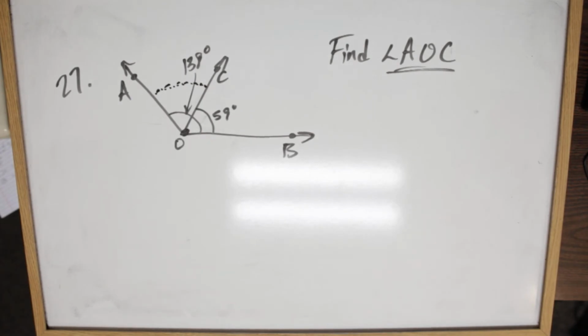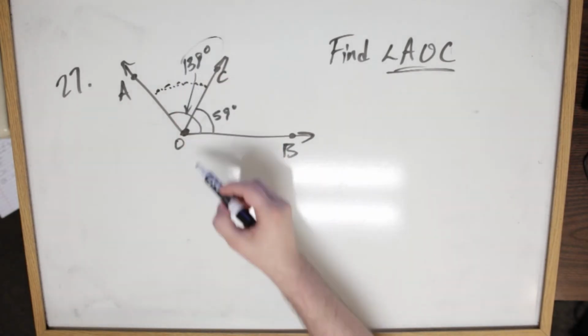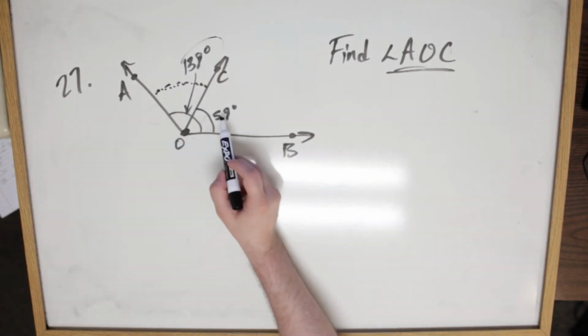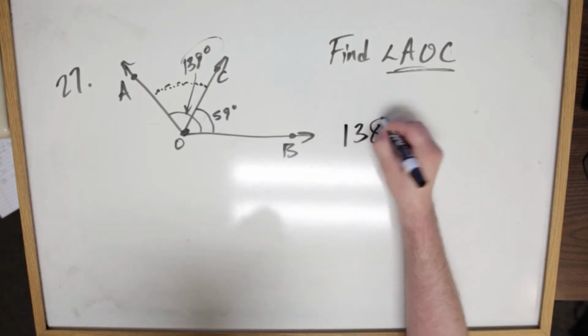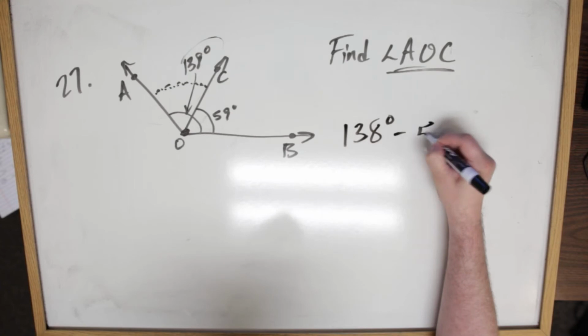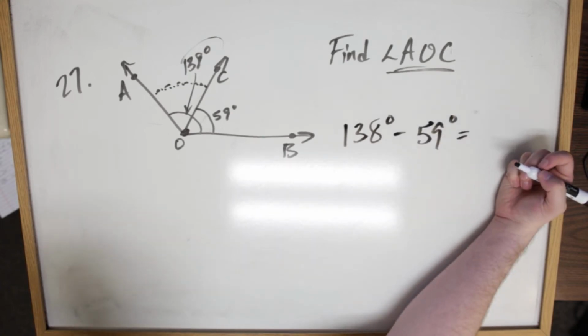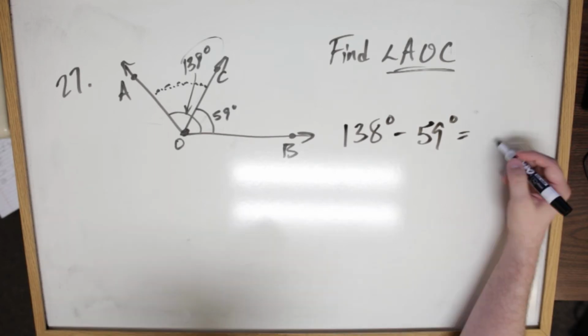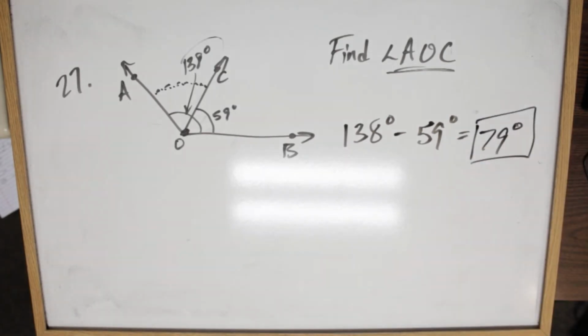So in order to do that, you take the big one, the 138, and you would subtract this. So 138 degrees minus 59 degrees is equal to, what do we see here? 79 degrees. So there we go. It's our final answer.